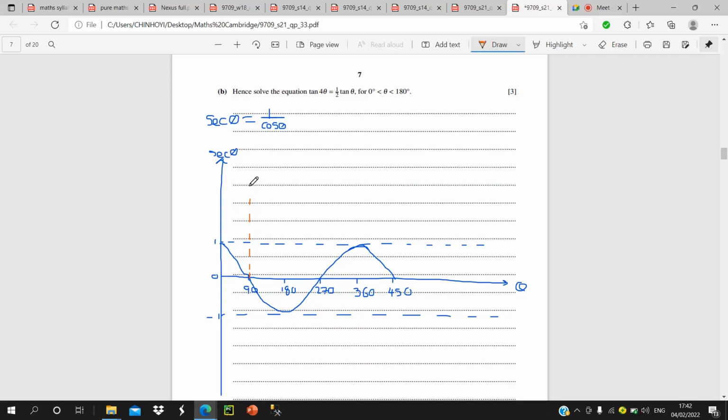The graph of sec won't pass through that.